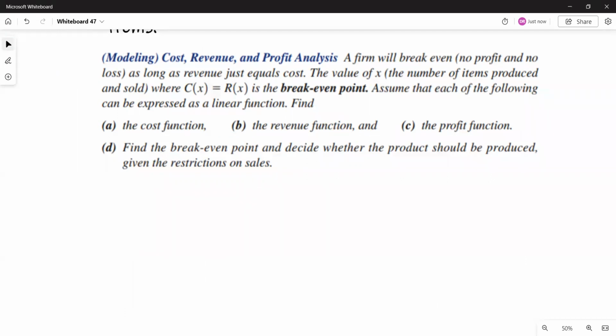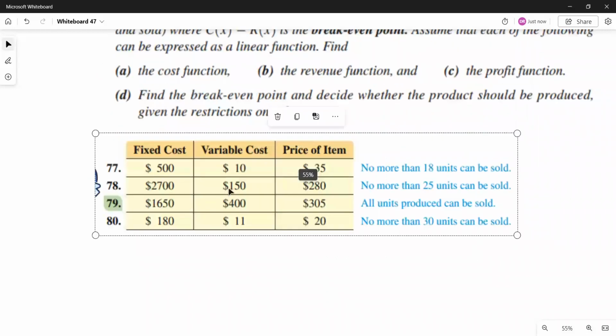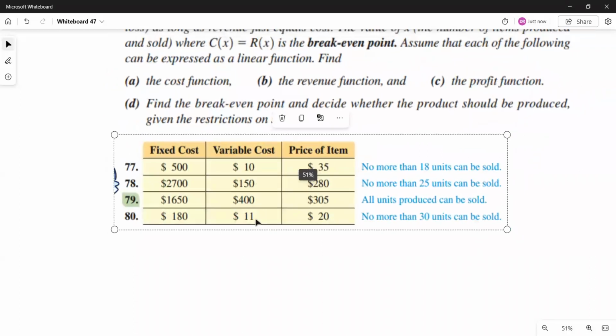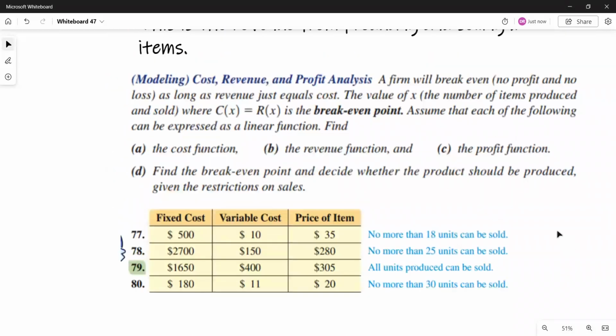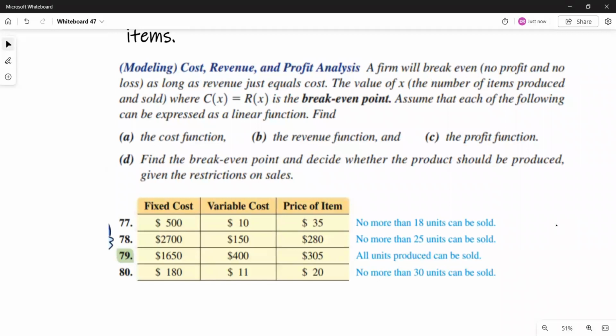So you have 4 situations, but I'm only doing one of them. Okay, so this is the one we're doing, number 78.